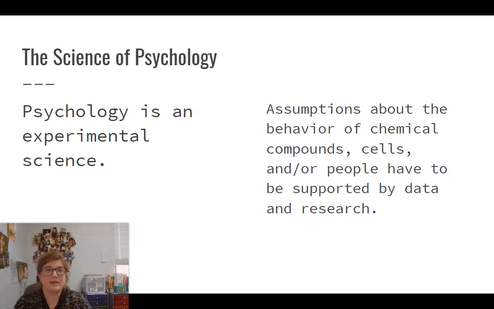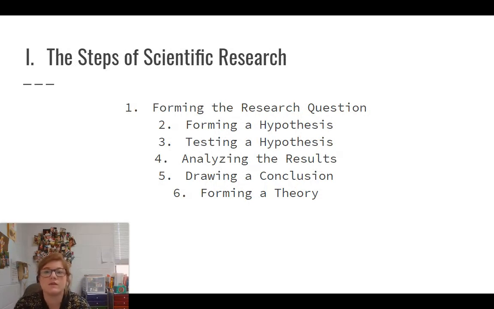So they make assumptions about behavior of chemical compounds, cells, and people, and those assumptions have to be supported by data and research. So the steps in scientific research: first you got to ask a question. What's going to be your research question? What's going to drive your research or your experiment? You have to form a hypothesis.